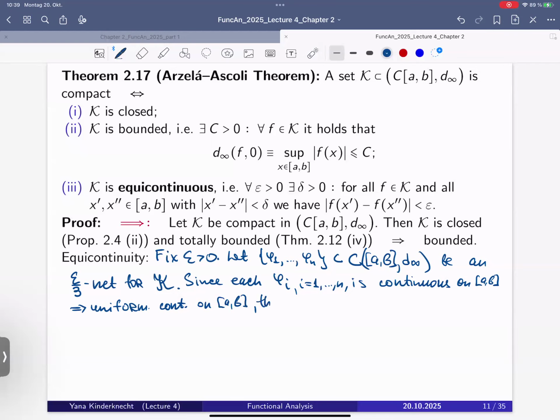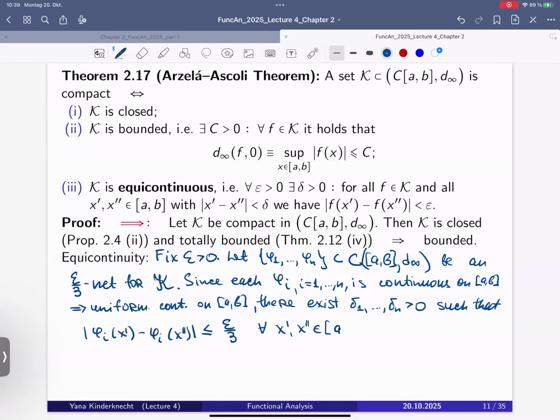So there exist delta 1, etc., delta n positive, such that we just write down the condition of uniform continuity for each function phi i with its own delta i: the absolute value of phi i of x prime minus phi i of x2 prime is smaller or equal to epsilon over 3 for any x prime, x2 prime in this interval satisfying the condition that the distance between x prime and x2 prime is smaller than delta i.